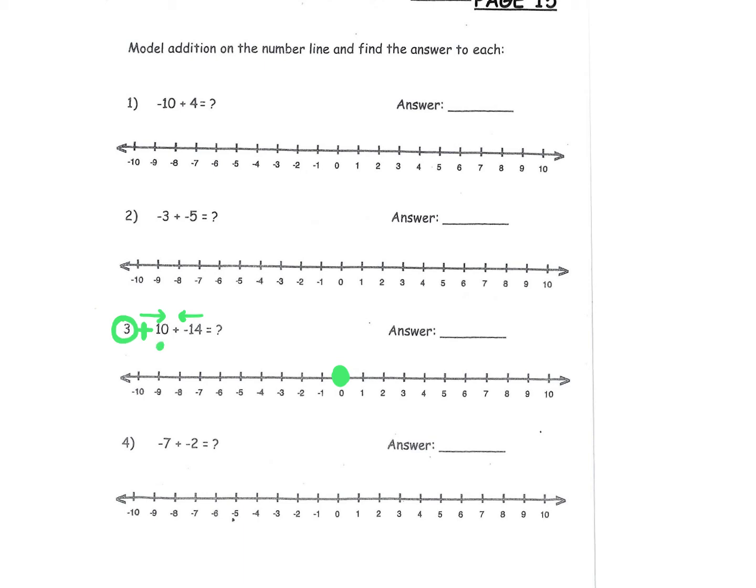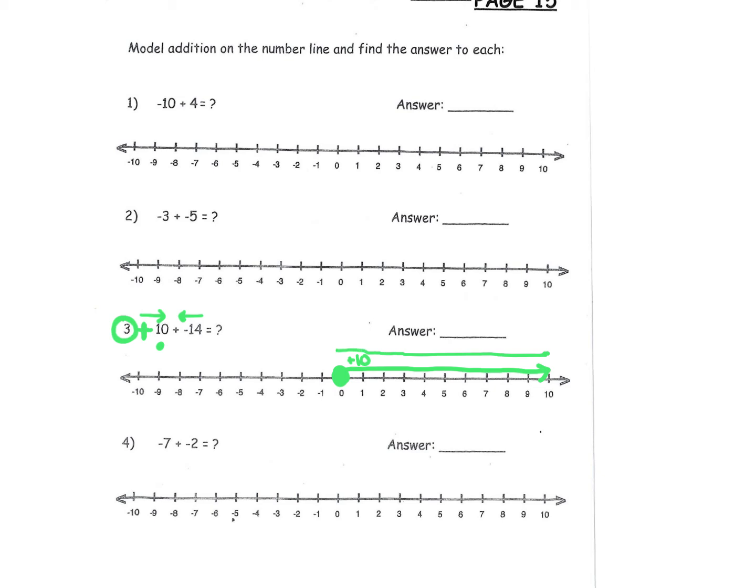So, we first have a gain of positive 10. Draw a vector, just like that, out to positive 10. From that point, we experience a loss of 14. Move to the left 14 units.